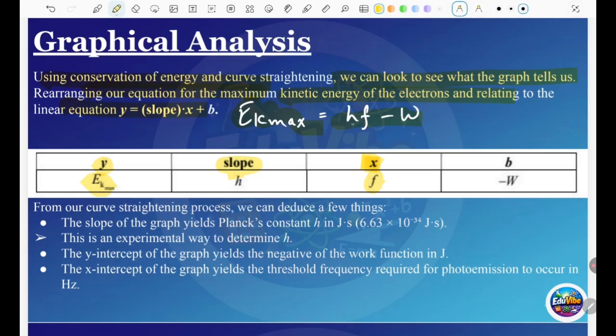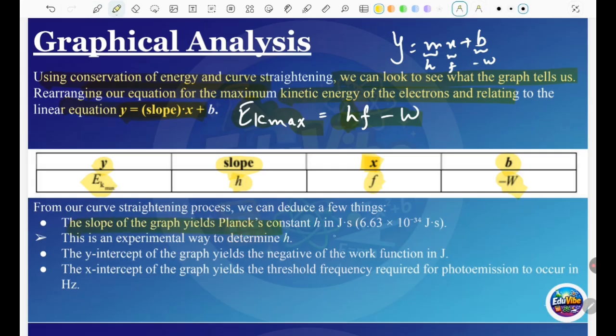Your slope is equal to h only, not hf, because f is your x-axis, and you also have a y-intercept, which is minus W. From here, y equals mx plus b: m is your slope, which is h, x is your x-axis value, which is f, and b is your y-intercept, which is minus W.